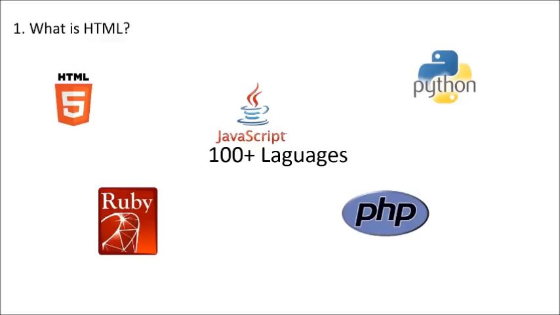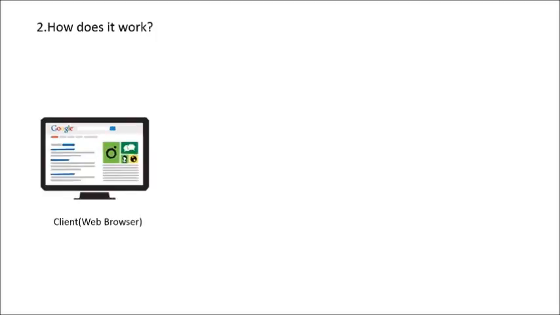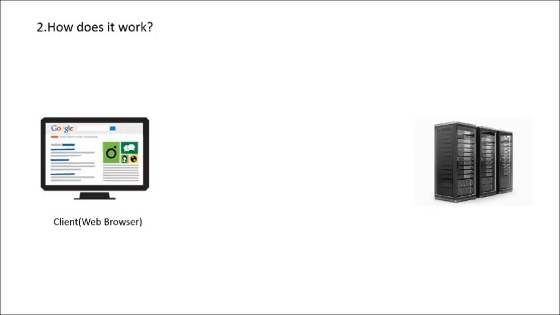website. And next is, how does it work? Basically, there's a client, which is the web browser, like Google Chrome, Internet Explorer, Firefox, those things. And there's a host, which is called a server. I assume you guys know the definition of a server.